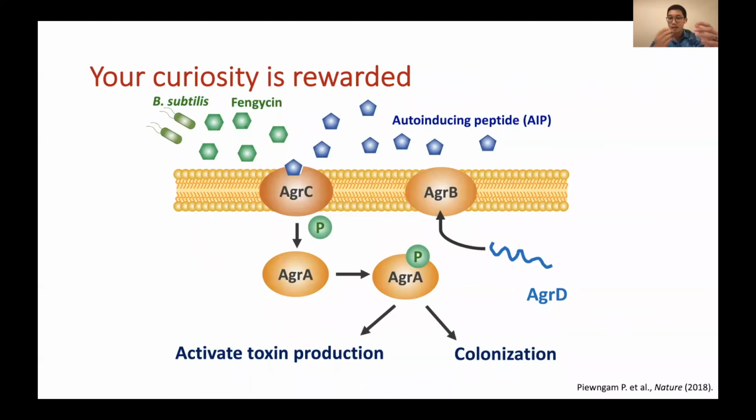So this publication took almost 4 years. See, if you want something big, it really takes time. For example, if you want to publish this quickly, you can publish within a year, but not the whole story, right? You can publish, okay, Staph aureus uses the quorum sensing system for gut colonization.